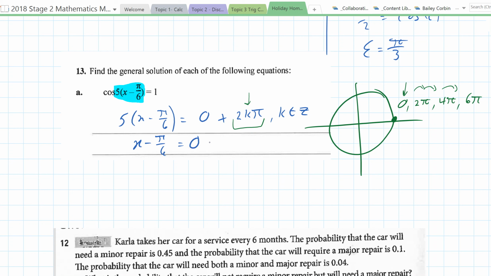But here's the important thing: we must do it to the general case as well. You don't do it after the comma. After the comma is just telling us a bit about k. And then we add pi on 6 to both sides. So x equals pi on 6 plus 2k pi on 5, where k is a member of the integers.